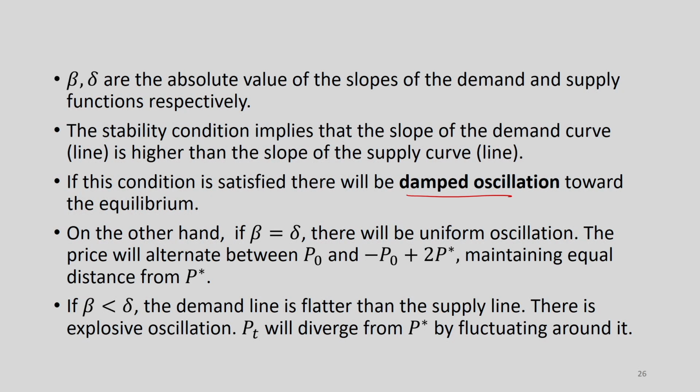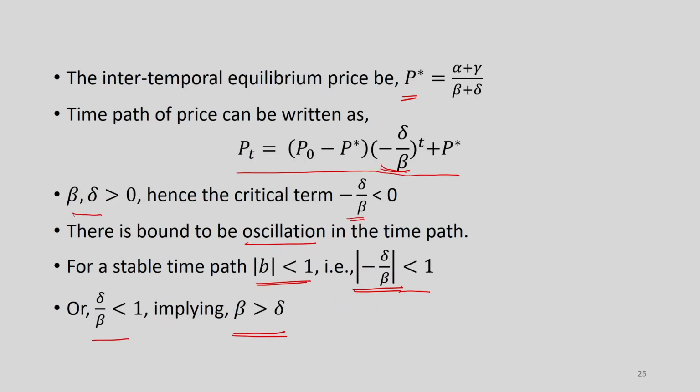On the other hand, if beta is equal to delta, there will be uniform oscillation. The price will alternate between P0 and minus P0 plus 2 P star, maintaining equal distance from P star. Okay, let us try to see how this is happening. If beta is equal to delta, this becomes minus 1, right.